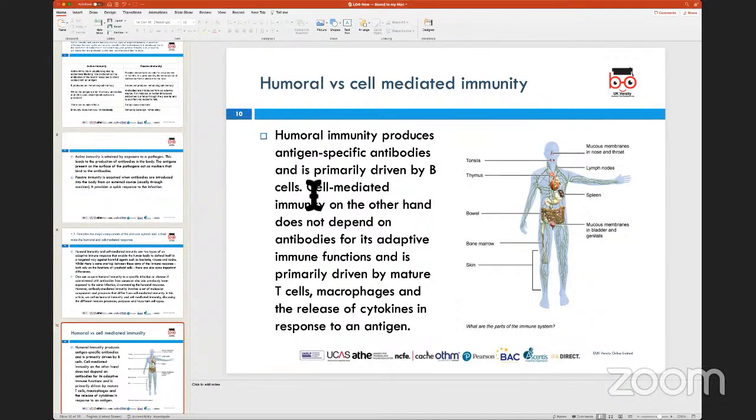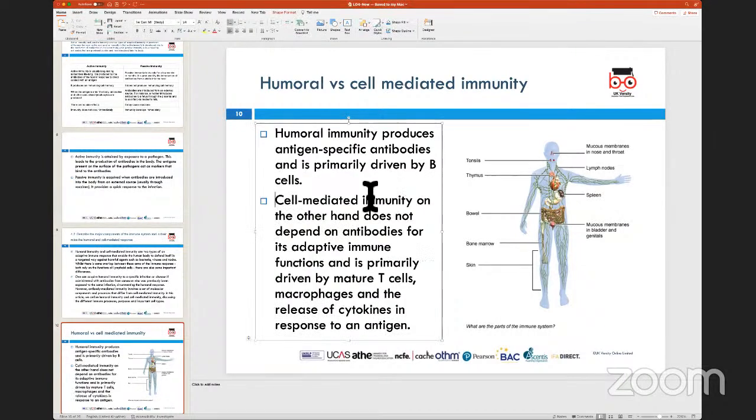The cell-mediated immunity, on the other hand, does not produce antibodies, but it puts the whole system into gear, looking at specific types of T cells and attacking the specific antigen or toxins which the pathogen is actually releasing.